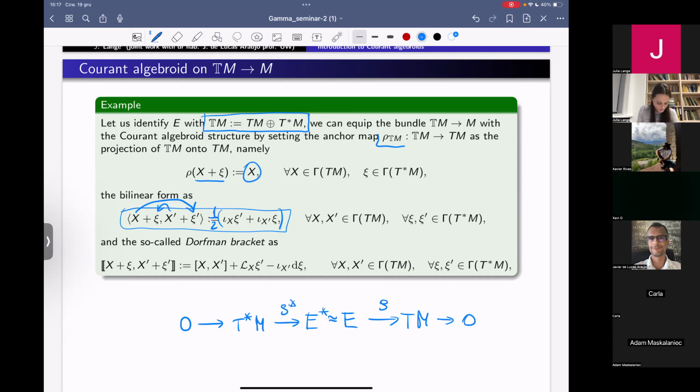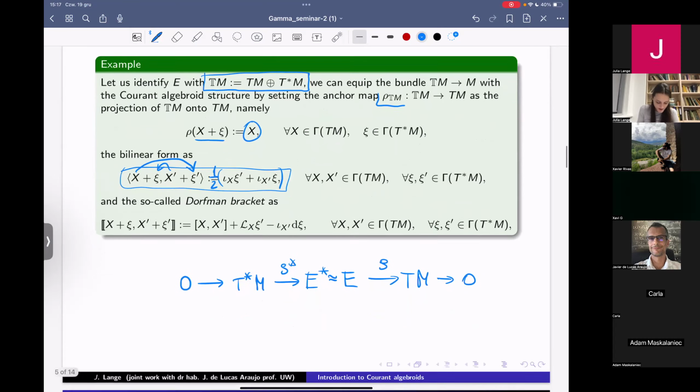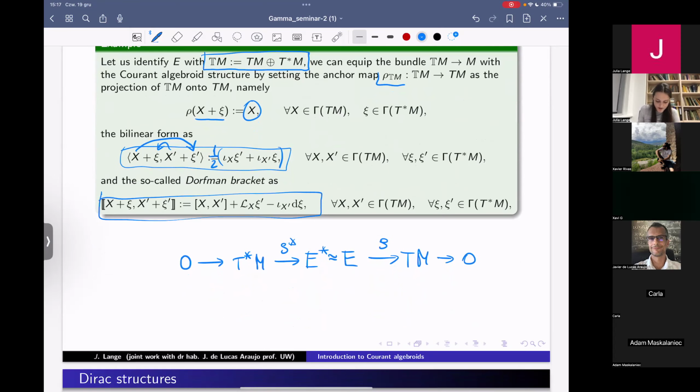And also, we define the Dorfman bracket, which will be this Courant bracket, in the following way. So you can see this Dorfman bracket is clearly not antisymmetric. Some authors prefer to define this bracket as an antisymmetric one.